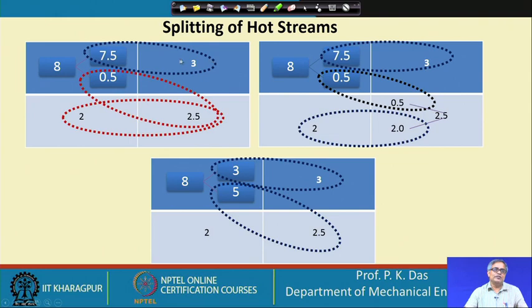Now, 3 is not more than 7.5, so this is not a good solution. 2.5 is more than 2, 2.5 is more than 0.5. So, again this is not a viable solution.